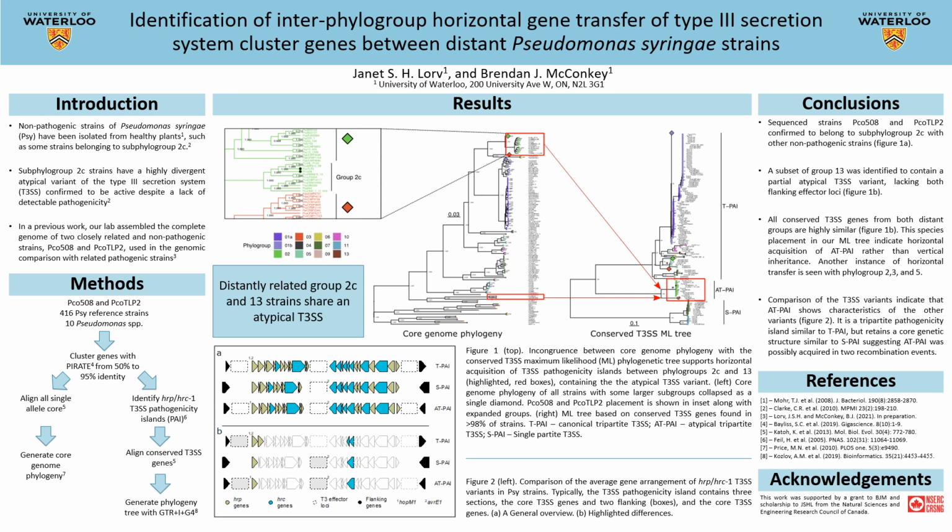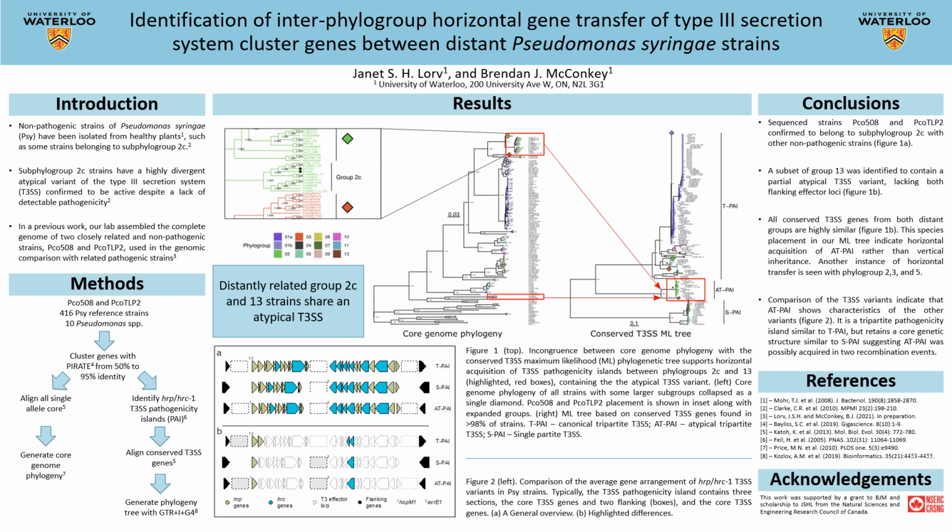And when we compared the gene families shared with its neighboring pathogenic phylogroups, namely phylogroups 2, 3, and 6, we were able to determine that less than 50 gene families are unique to group 2C, and they were primarily belonging to the atypical type 3 secretion system.